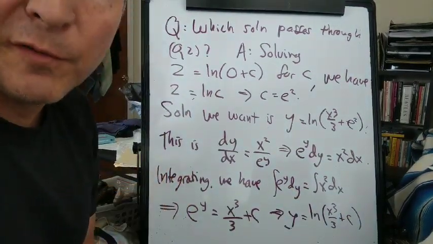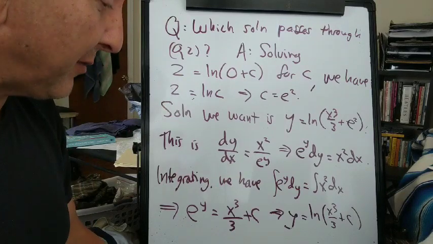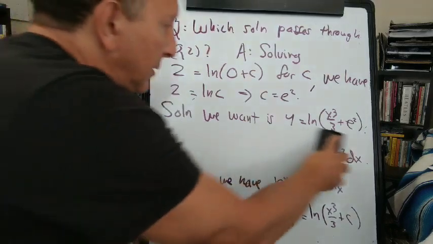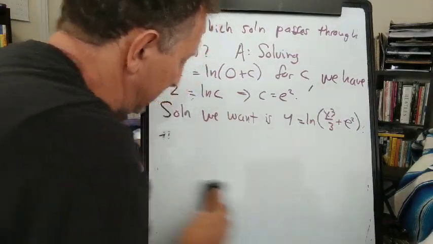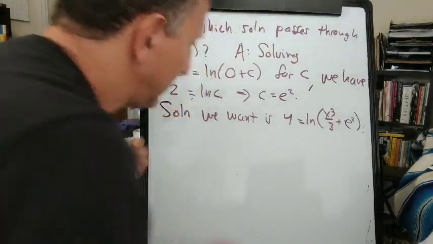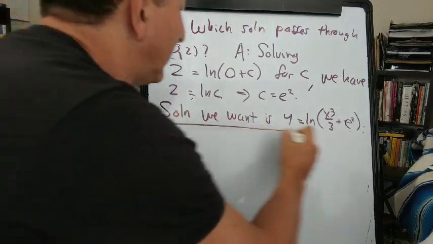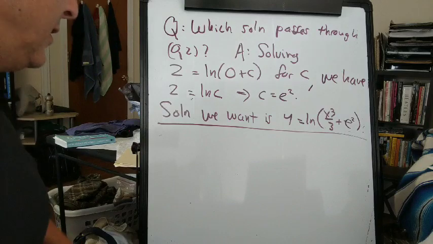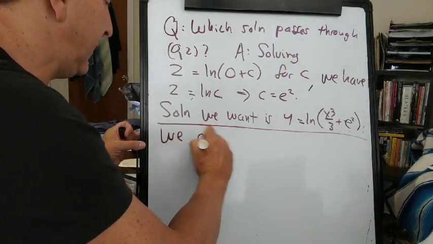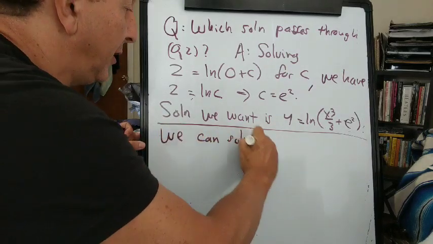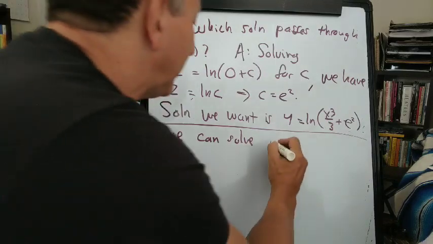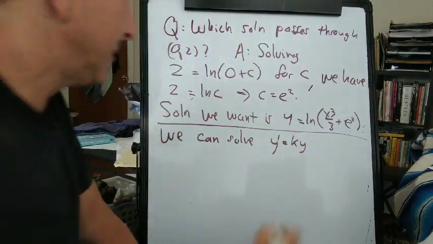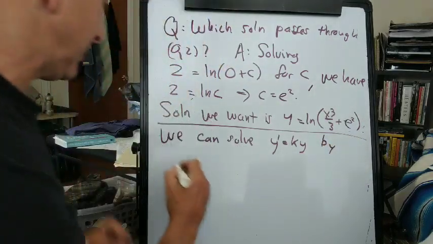Alright, now separation of variables is actually how I solved the differential equation that we looked at earlier. The differential equation is y prime equals 2y. And we can solve y prime equals 2y, or really y prime equals ky for any number k, by separation of variables.